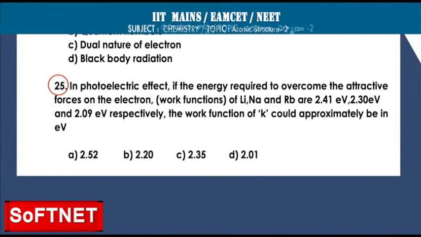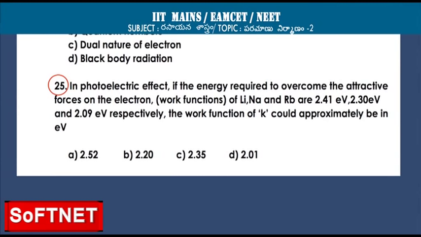25th. In photoelectric effect, the energy required to overcome the attractive forces on the electron, that is work function, of 3 elements are given: lithium, sodium and rubidium are 2.41, 2.30 and 2.01 respectively.